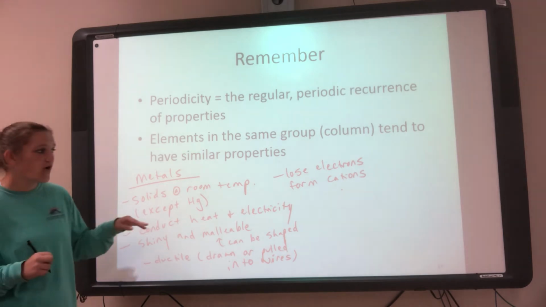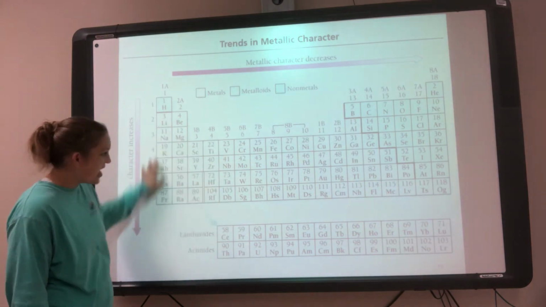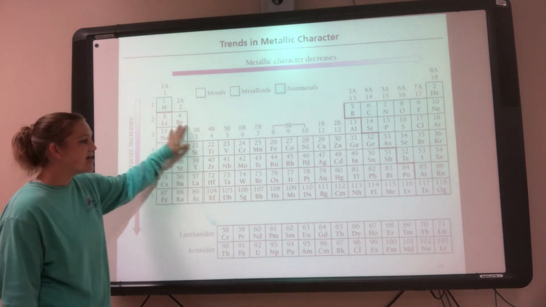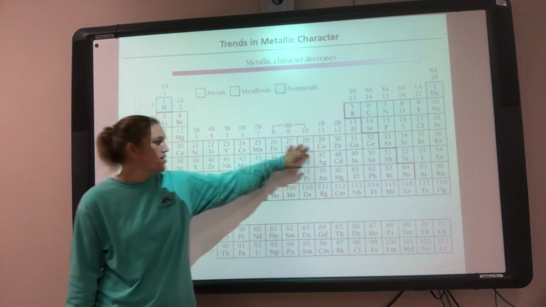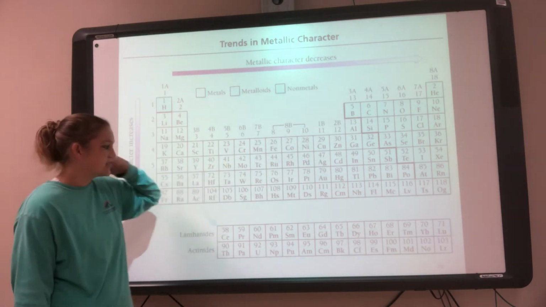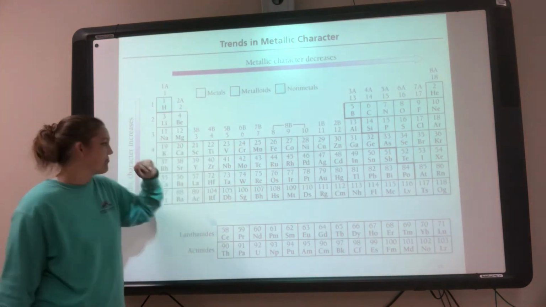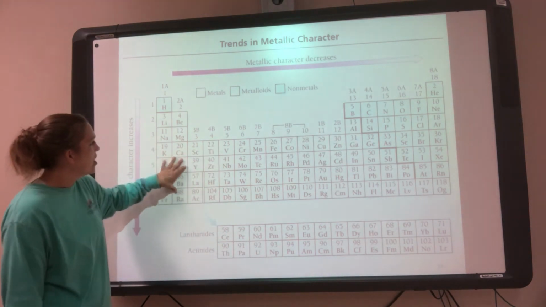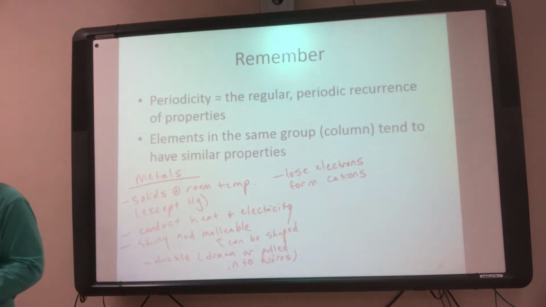That's going to be one of our biggest trends. So these guys on this side like to have a positive charge. They want to be cations, and that includes my transition metals here, which we'll talk about in a second, and the names of them. If you don't know it's a transition metal yet, it's okay. I'll tell you in the next slide. So these guys on the left, the metals, want to become cations.